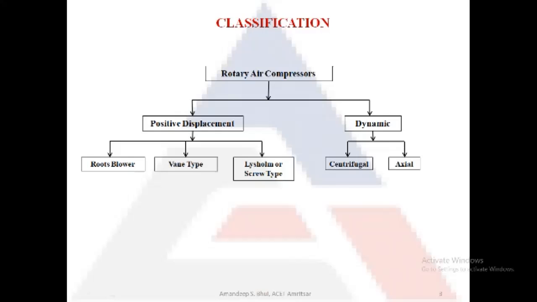The dynamic compressors have two types: the centrifugal compressor and the axial flow compressor. So this is the classification of rotary air compressors. In the consequent slides, we will learn about the working and construction of each of these types.